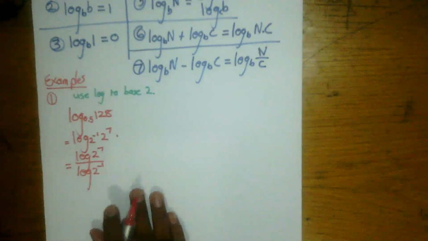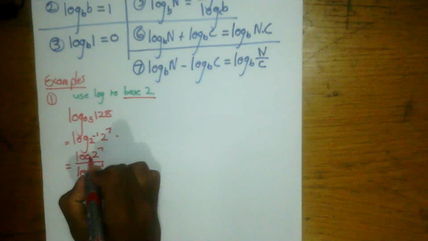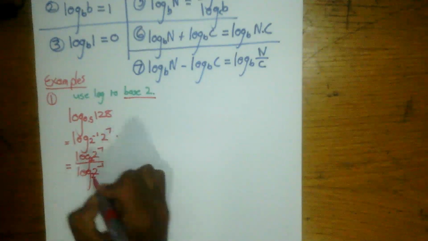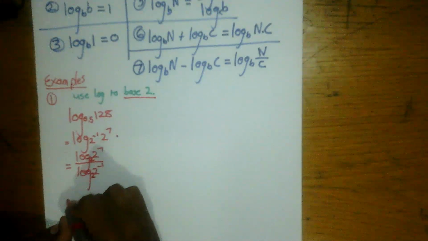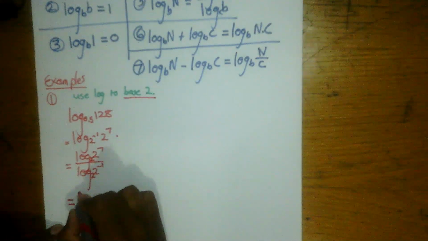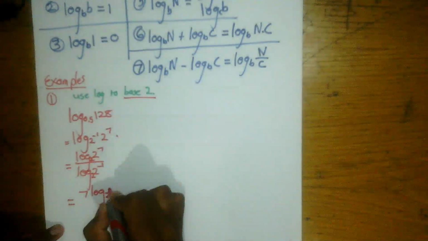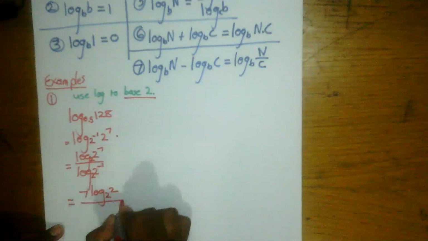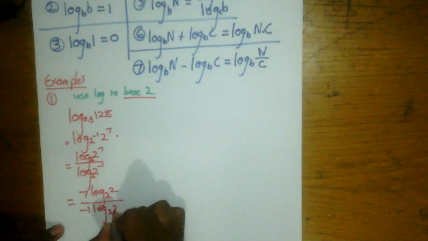But first we must remember that the base must be 2. That means we choose the base now and we make it a 2, because they said use 2. Now we must use 2 as the base. So this is 7 log 2 of 2 over minus 1 log 2 of 2.